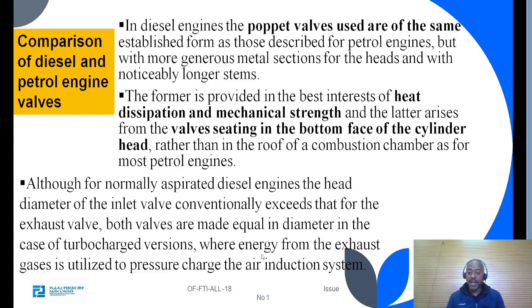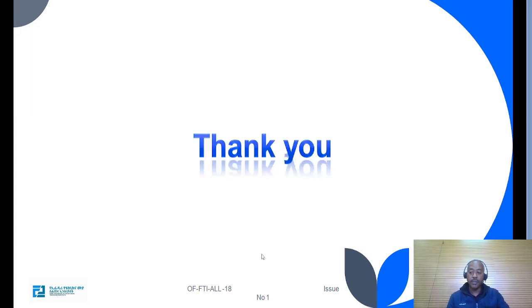Although for normally aspirated diesel engines, the head diameter of the inlet valve conventionally exceeds that of the exhaust valve, both valves are made equal in diameter in the case of the turbocharged version, where energy from the exhaust gas is utilized to pressure charge the air induction system.